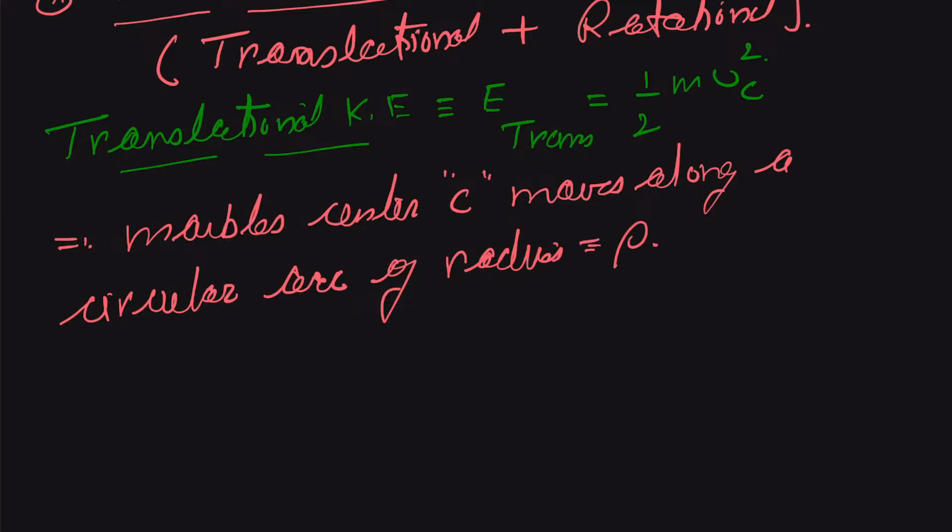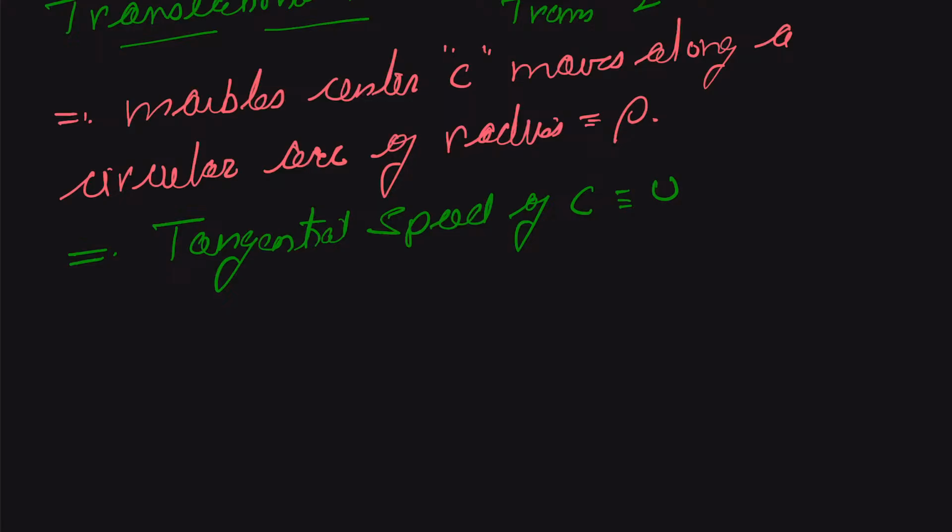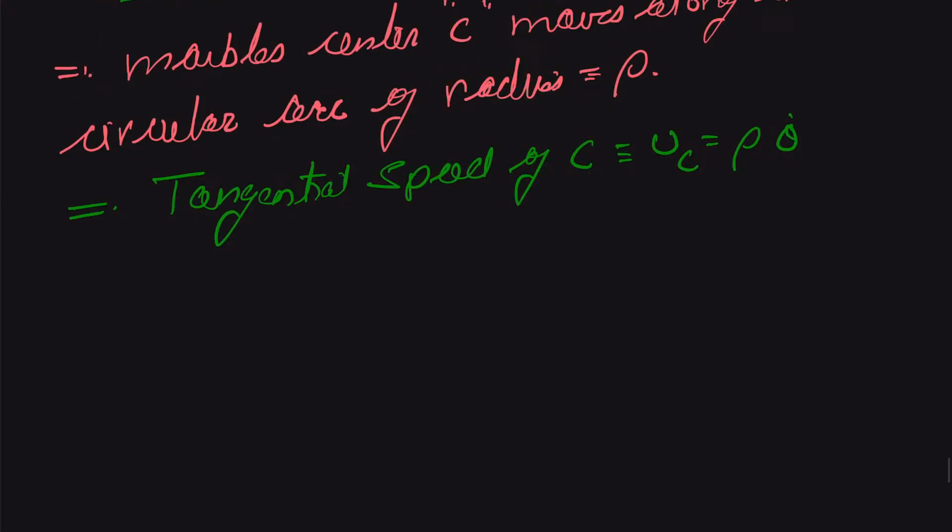Therefore, we can say the tangential speed of C, which we call V of C, will be equal to rho times the first derivative of theta.